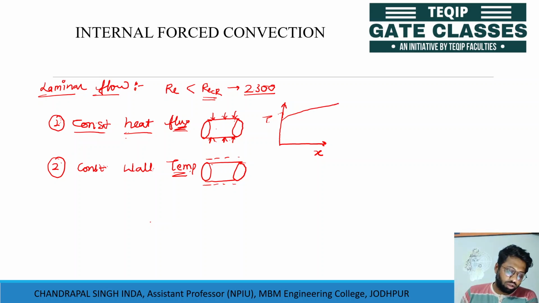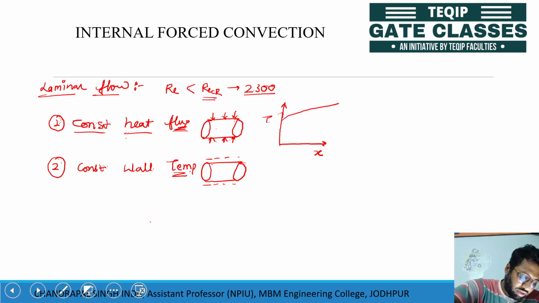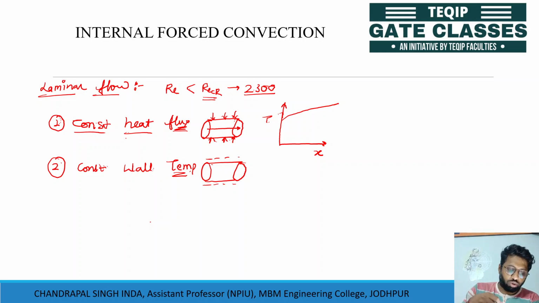The temperature of the fluid, or the bulk mean temperature, is varying from entrance to exit at a particular cross section, and it becomes constant after the entrance length.